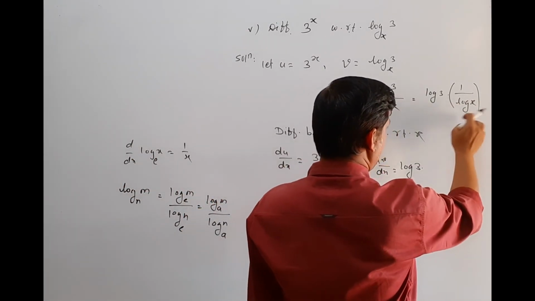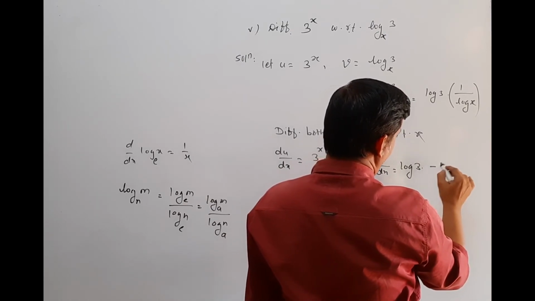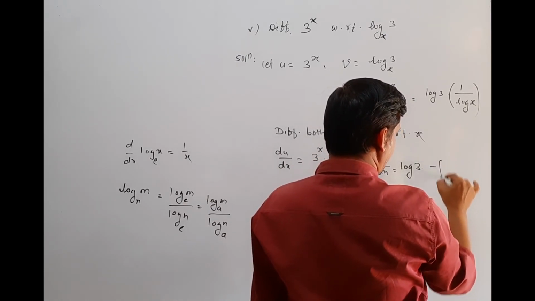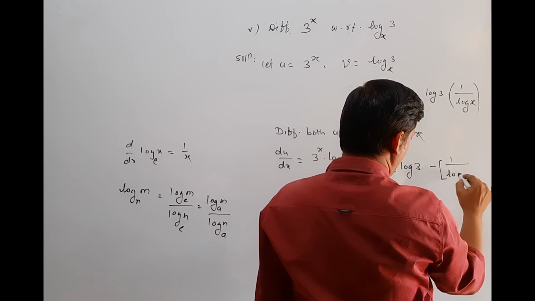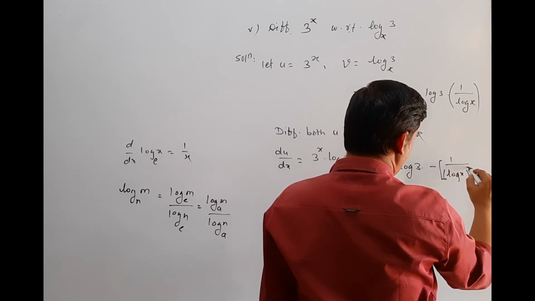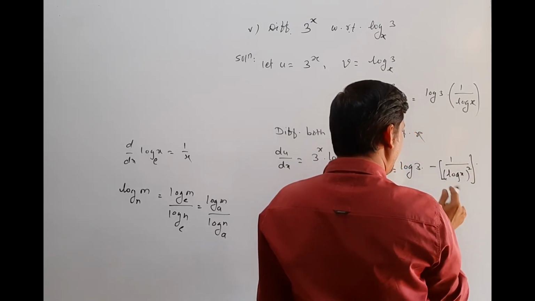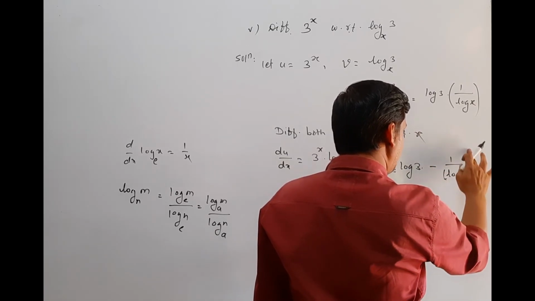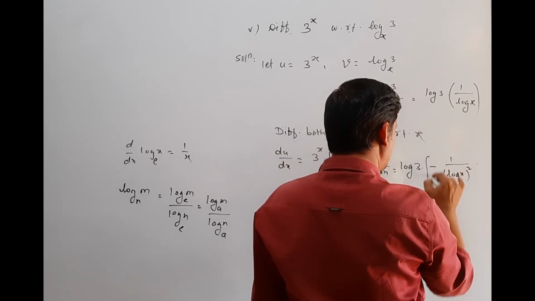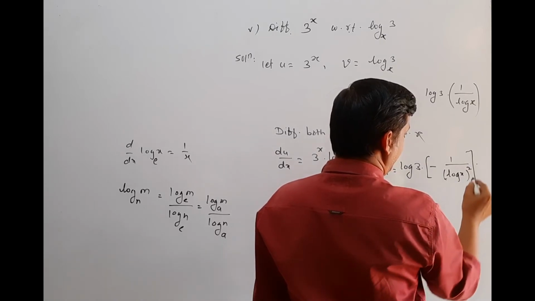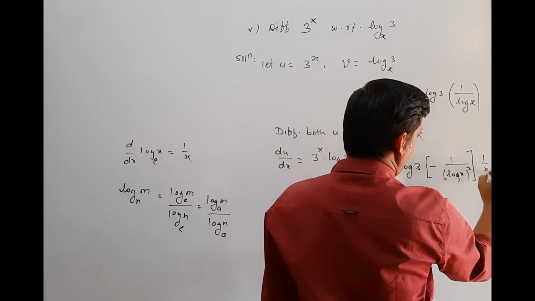So instead of x, here the value is log x. So write minus 1 upon (log x) whole square, then we have to find the derivative of this log x, which is 1 by x.